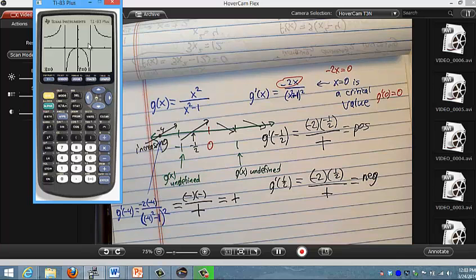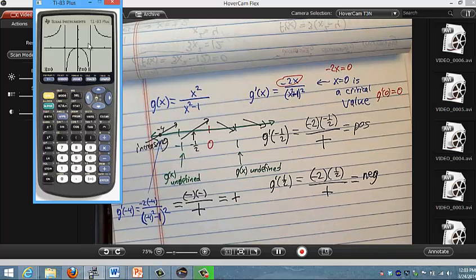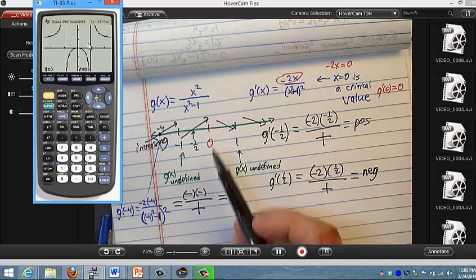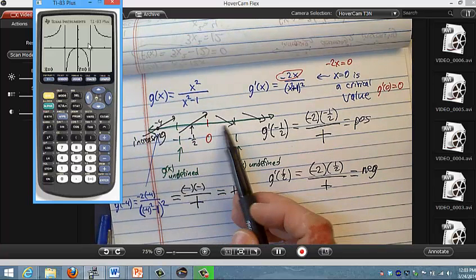Where? Now, is that really a global maximum? Is it a maximum of everything? No. The output's 0, right? This function goes through 0, 0. But it's a relative maximum, which means it's the biggest thing around in a neighborhood of 0. You guys understand? When I say a relative maximum, what I'm saying is that if I go on either side of 0, I'm going to be going down a little bit, right?